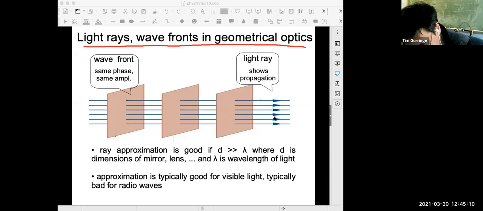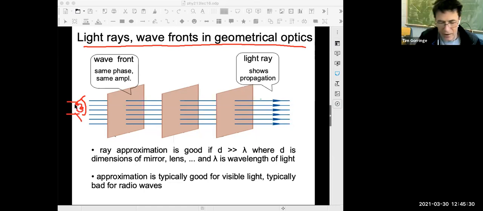So these light rays, I drew a few examples over here on the right-hand side. Those light rays show the direction of propagation. So here's a light ray that's traveling from the left to the right. Maybe there's a flashlight over here producing these light rays. It's a really bad flashlight drawing, but maybe there is a flashlight over there producing those light rays, and they're traveling from left to right.